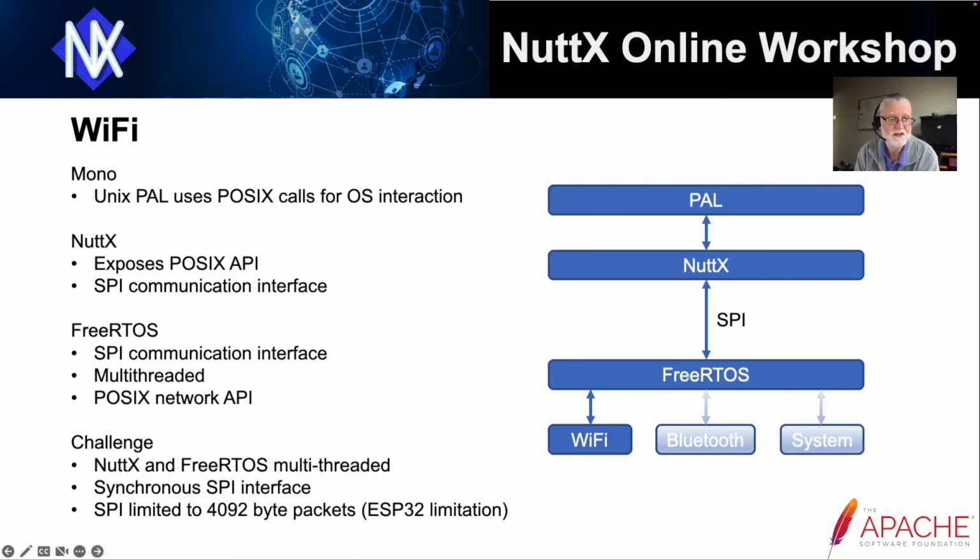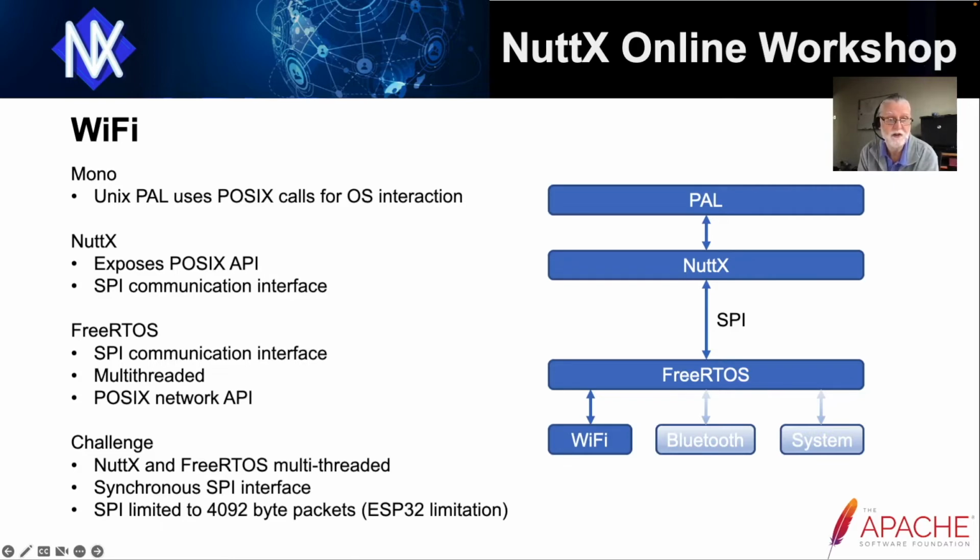So FreeRTOS itself is multi-threaded, and by chance it also happens to expose a POSIX network API. So we can use the SPI interface to send the POSIX request that NuttX has received through to FreeRTOS for it to make those POSIX API calls for us.